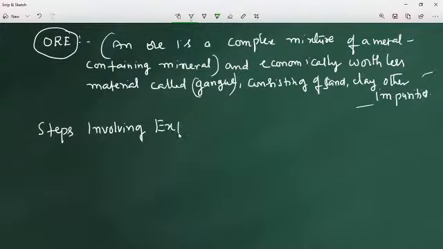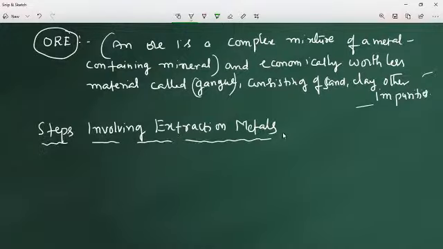After knowing these things, we have to isolate the metal from the ore and from the impurities.